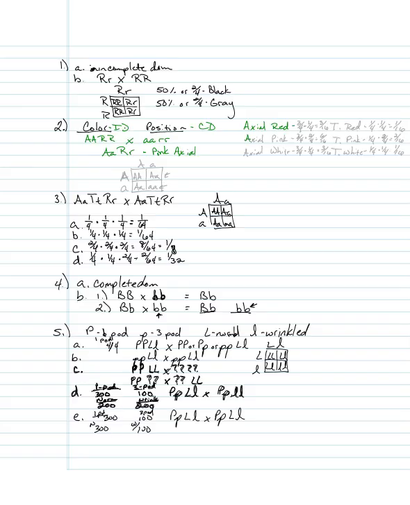Axial pink, axial white. Okay, then we can also do the alternatives of that. We can be terminal red, terminal pink, and terminal white.